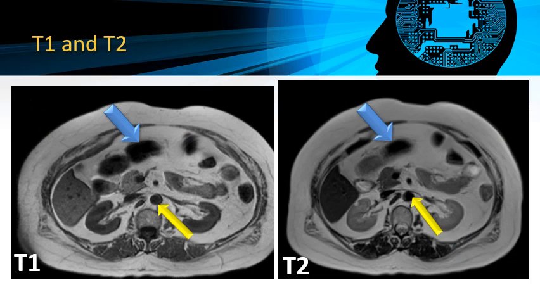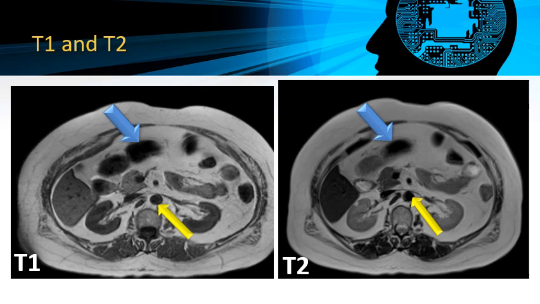Again, another example of axial T1 and T2 of the abdomen almost at the same level. On T1 the CSF space has a low signal, while on T2 the CSF space has a bright signal. But if we look at the blue arrow, which refers to the lumen of the bowel loop, we find that it's low on T1 and T2 because it contains gas. And as we mentioned before, gas and cortical bone have a low signal intensity on both pulse sequences.